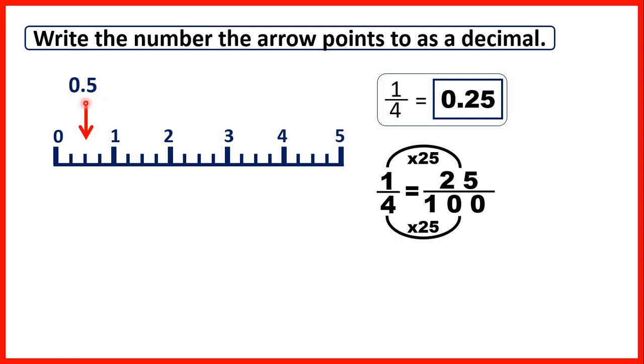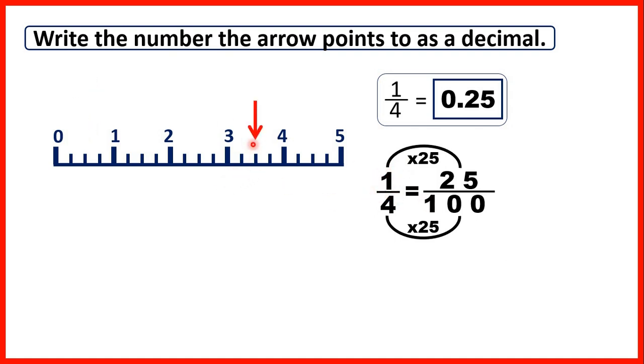The other way of thinking about this question is to notice that the arrow is pointing right in the middle or halfway between 0 and 1. And if we know that 1/2 as a decimal is 0.5, because 1/2 is the same as 5/10, we might be better off getting our answer that way instead of thinking about quarters.